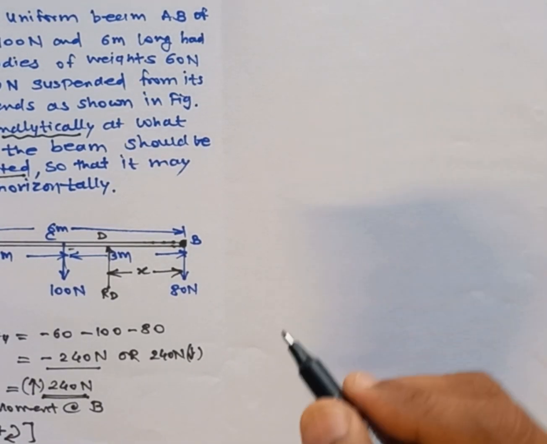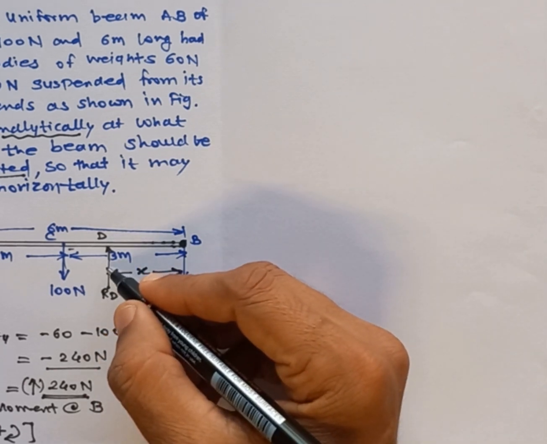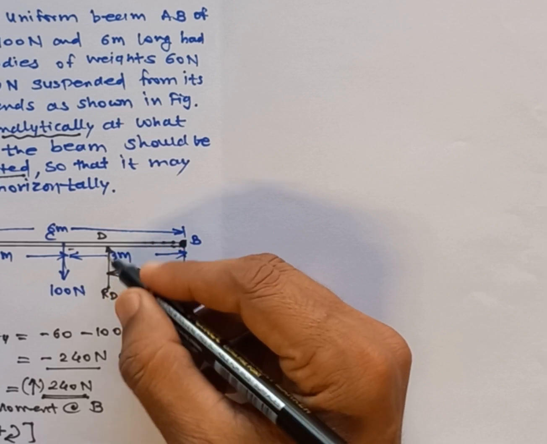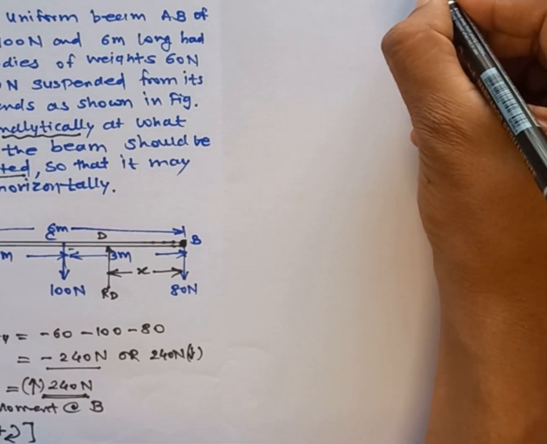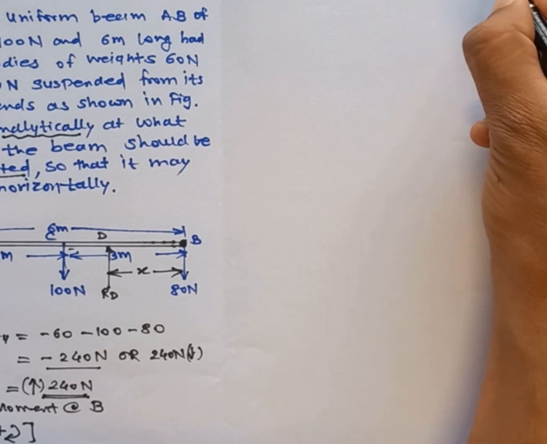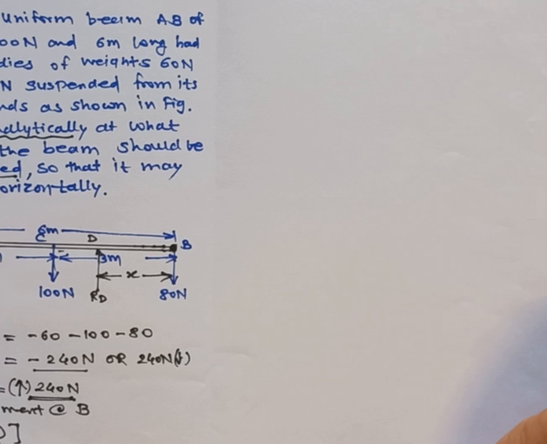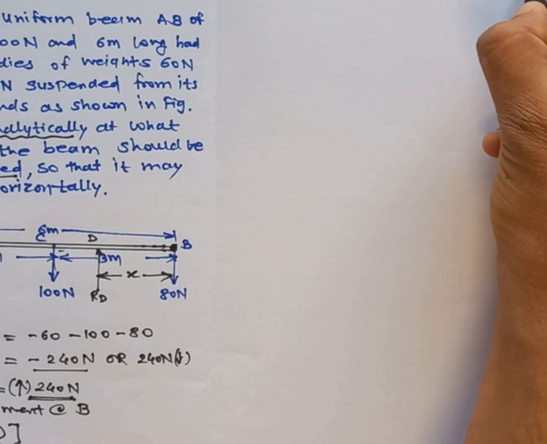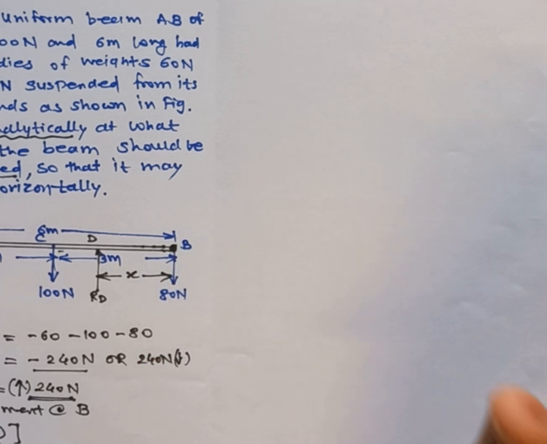Then we have the moment of RD. That is upward, right? And it is rotating about B as clockwise. So it is plus 240 into, we don't know the distance, so we write x. I hope it is clear. And this should be equal to 0. Summation of moment about a point should be equal to 0 for equilibrium.